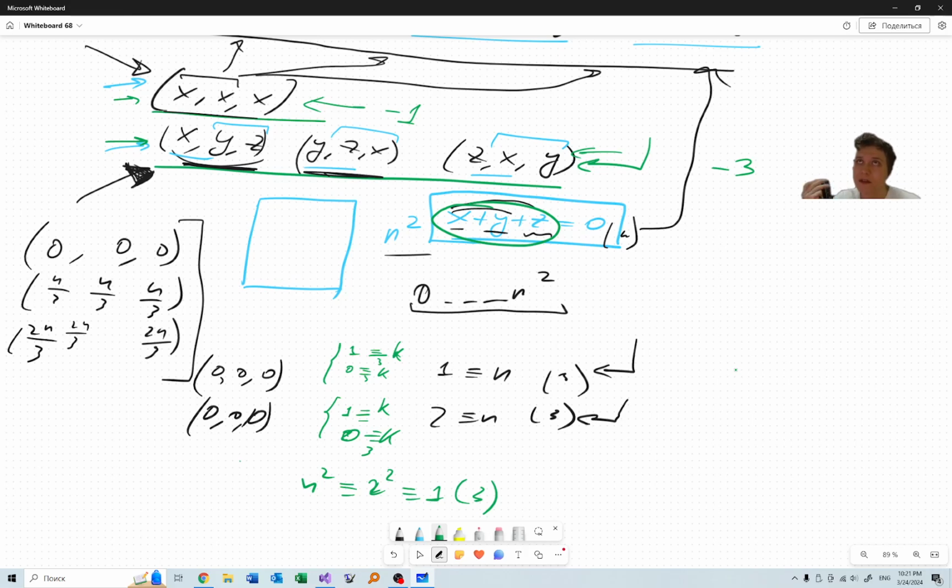So we need some number of cubes, 2 modulo 3, which can be divided into such triples.